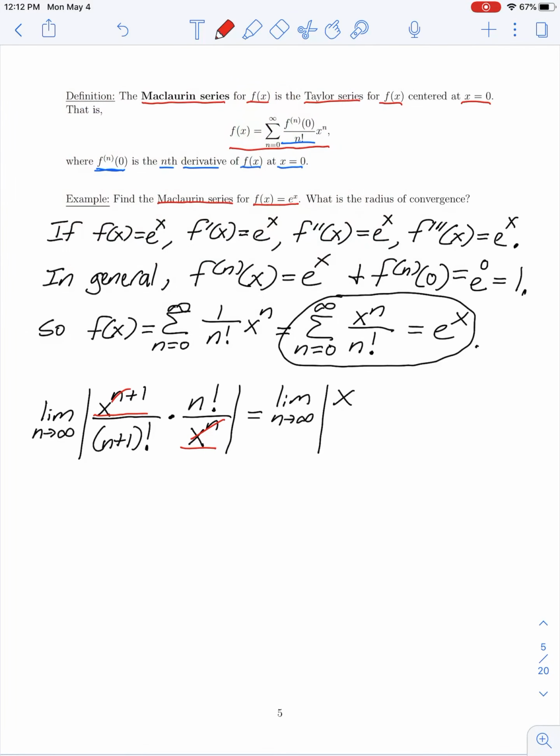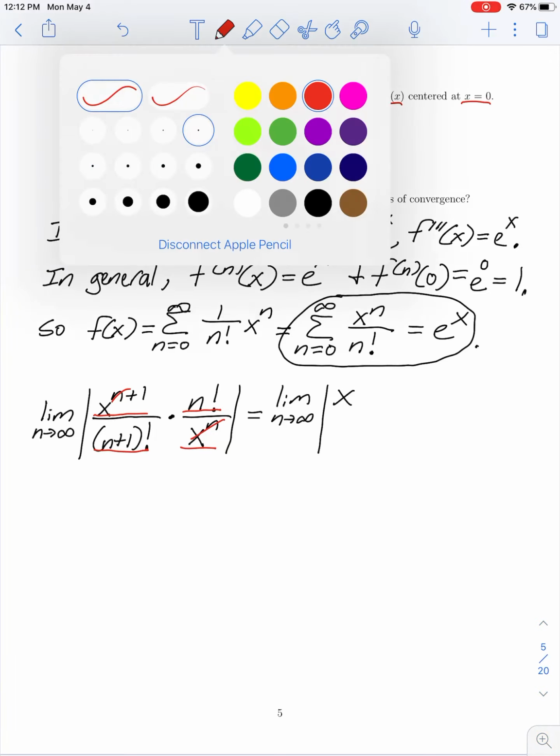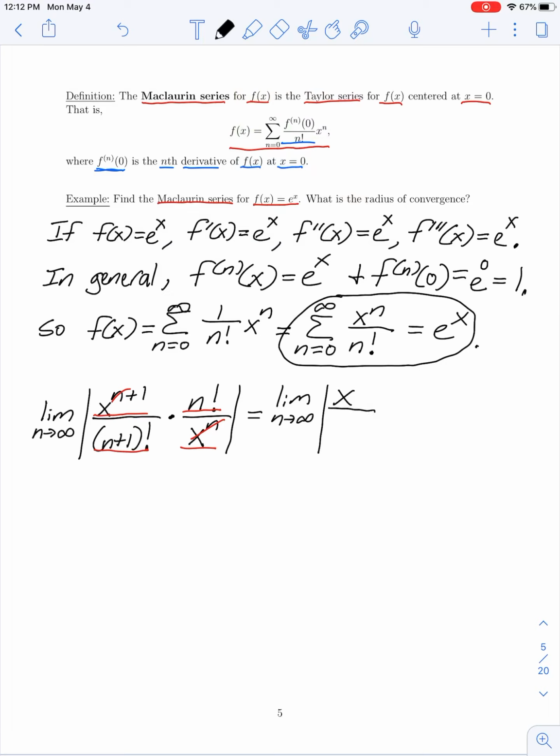And then looking at the quotient n factorial over n plus 1 factorial, we're left with division by n plus 1. So we can pull any terms not involving n out in front of our limit. So in this case, we would have the absolute value of x times the limit as n approaches infinity. And when we pull out that absolute value of x, we're left with 1 over n plus 1.